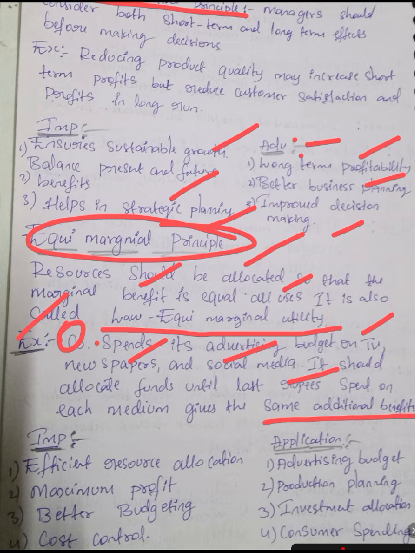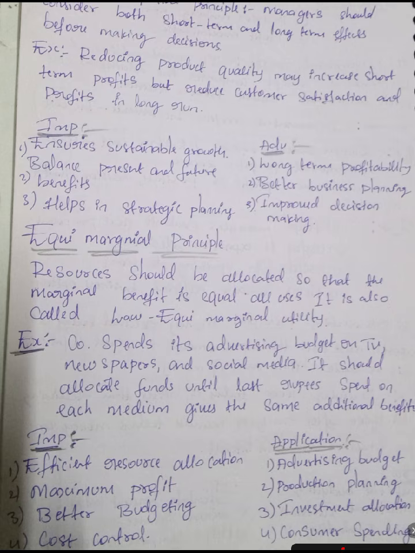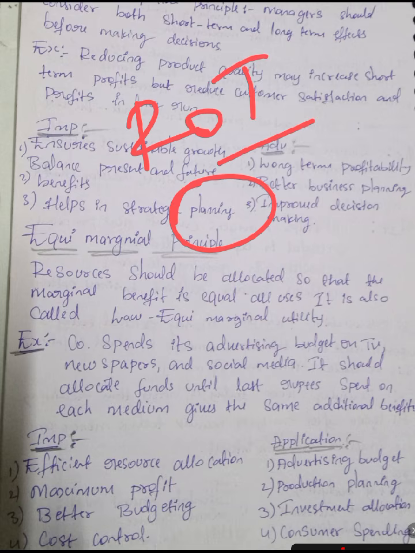So the equi-marginal principle is nothing but whatever amount we are spending, we have to get back based on the ROI. ROI means return on investment. So the importance of this principle: efficient resource allocation, maximum profit, better budgeting, cost control.